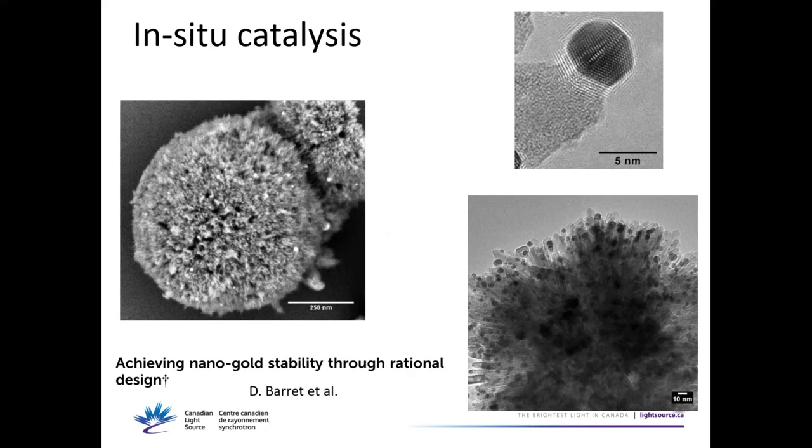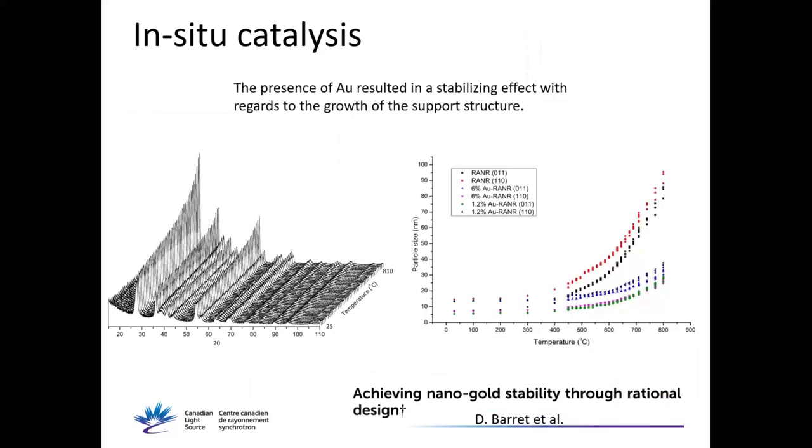So this researcher group, they developed this particular catalyst where they developed this star-shaped rutile substrate where the gold nanoparticles sat on the tip of each of the rutile rods. And then when they subject their catalyst to the same thermal treatment, without and with gold on the tips of this star-shaped rutile substrate template, they find that having gold on the tips of the rutile makes them more stable and better.